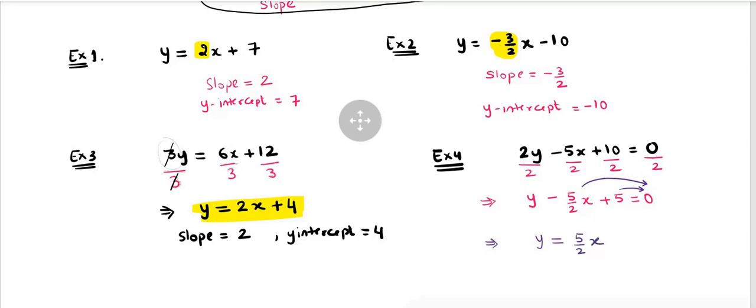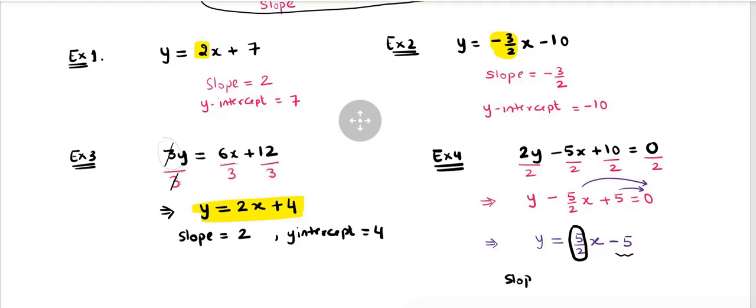We already have 0 there, so 0 plus something is the same thing. Now plus 5, when we move it to the other side, we get minus 5. Now it is in the slope-intercept form, and we say that this number 5 over 2 is the slope and minus 5 is the y-intercept.